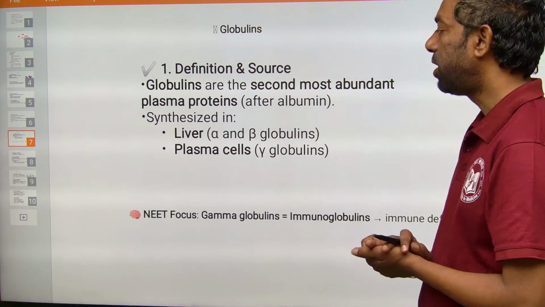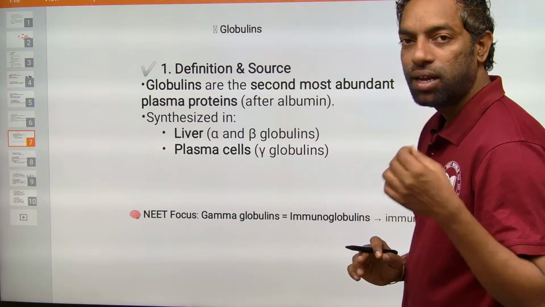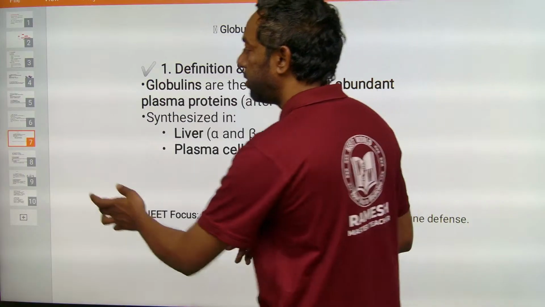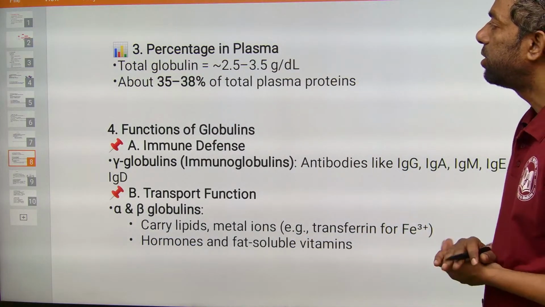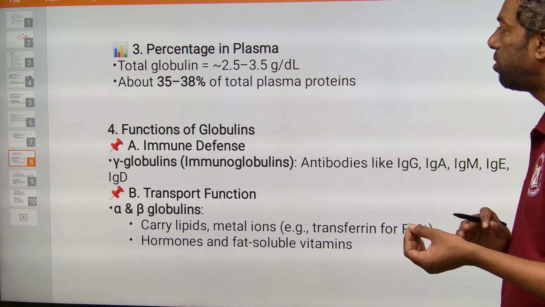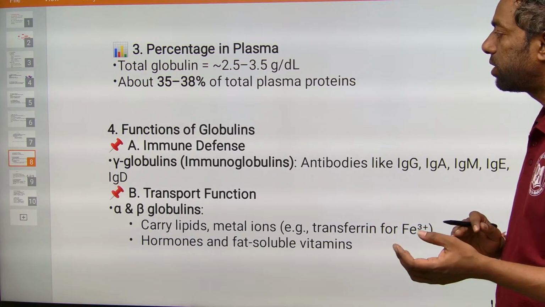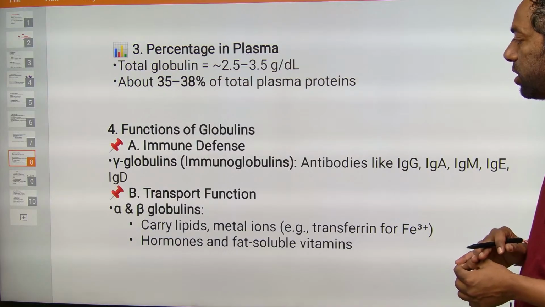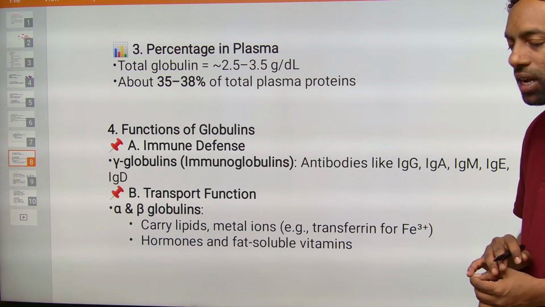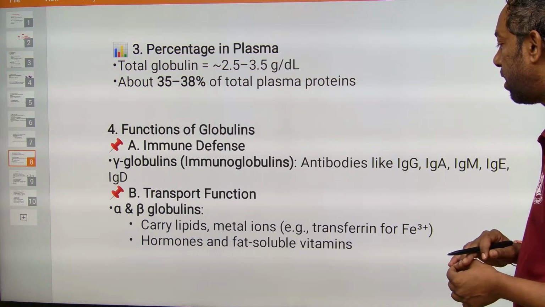They are synthesized by plasma cells themselves, they are about 38%, and their function is immune defense. They can also carry minerals and vitamins.